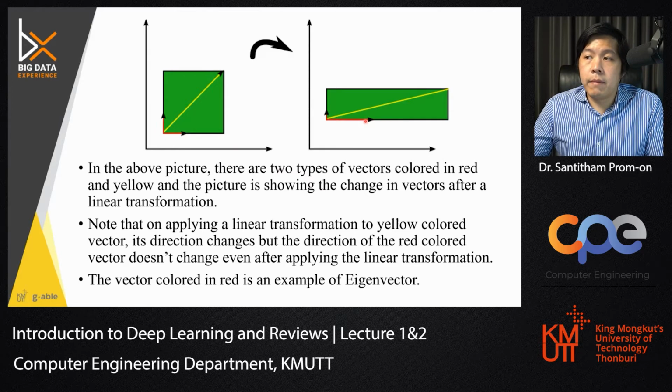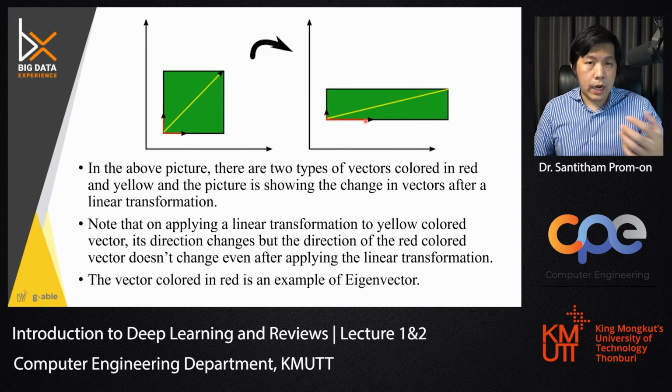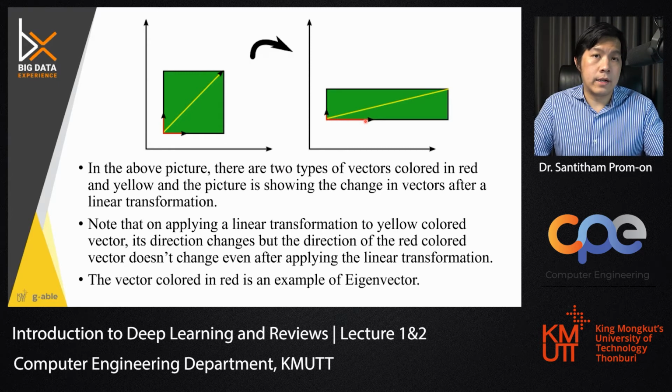Okay, but the direction of the x and y axes stays the same. The x and y axes are known as the eigenvectors. That is, when you make the transformation, the direction doesn't change, but the value along that axis changes.